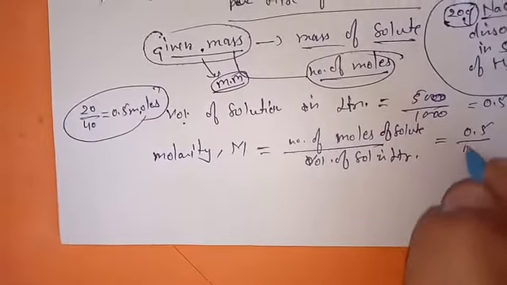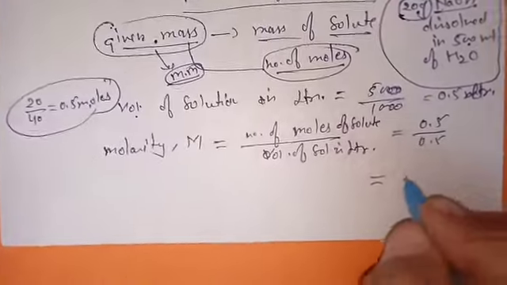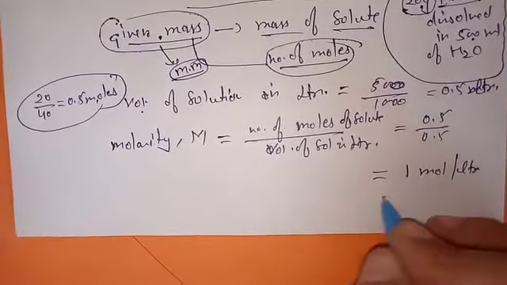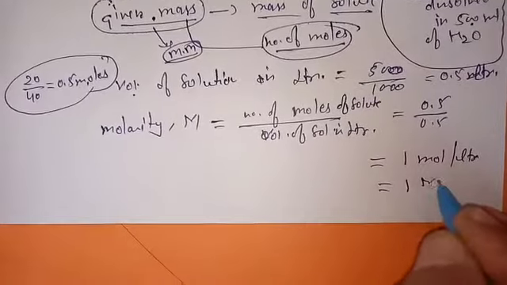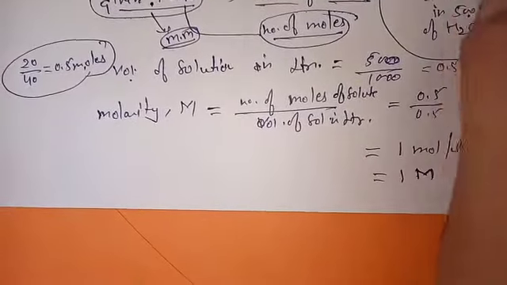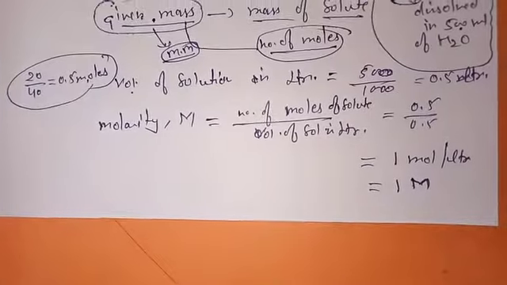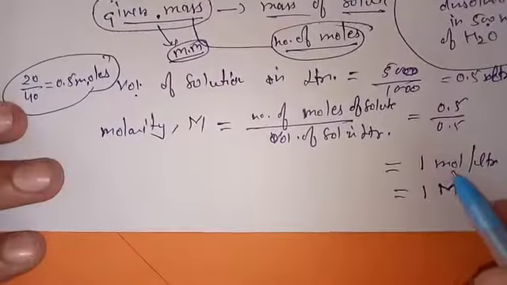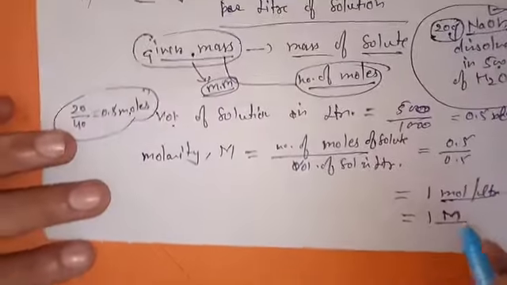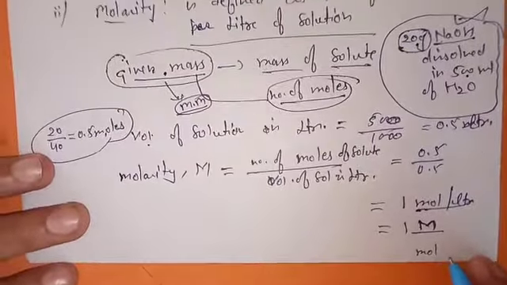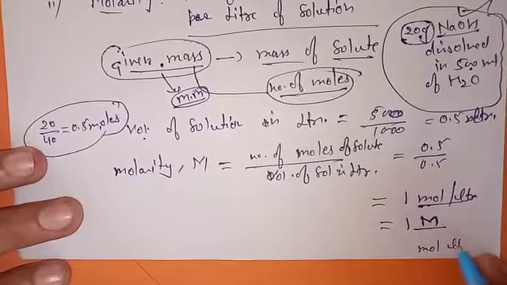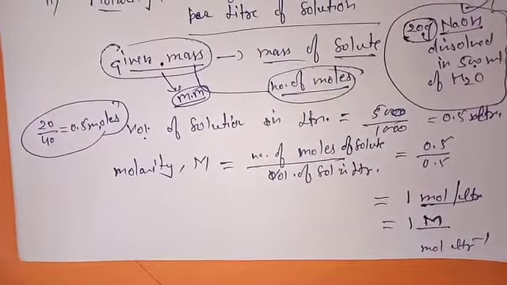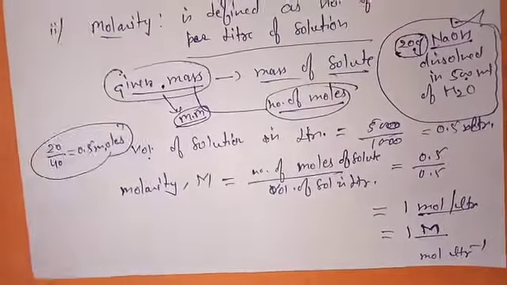In this case the moles are 0.5, so your concentration will be 1 mole per liter. You can write it in this manner, or simply write 1 capital M, that is 1 molar. So the solution we have taken has molarity 1. You can also convert this into per liter inverse, mole per liter. These are the different notations you can use for representing molarity.